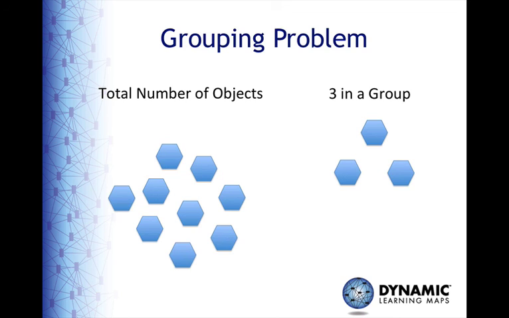The next type is grouping problems. In this type of problem, students know the number of objects in a group and the number of objects altogether. But what they have to figure out is how many groups can be made based on those amounts. The earlier problem, Andrew has 28 dog treats.